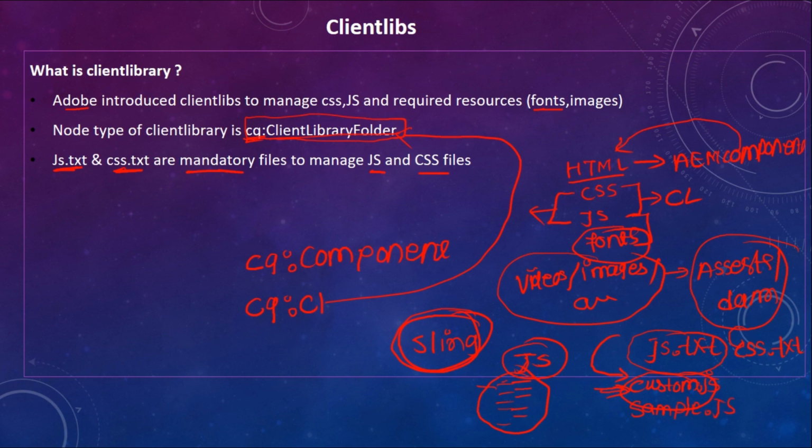First of all, by precedence, it will execute custom.js, and later it will execute sample.js. The same applies if you are writing entries here: it will execute according to precedence. If you enter it first, it will execute first. If you mention it last, it will execute last.